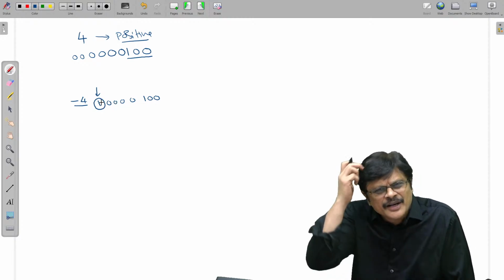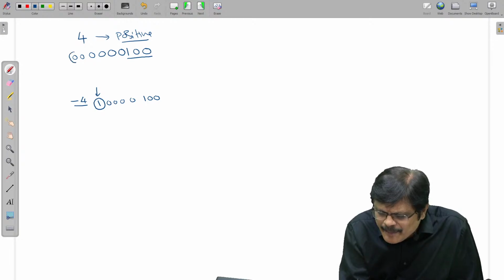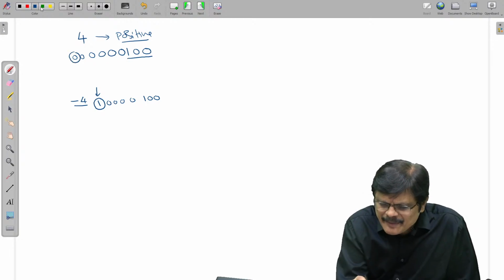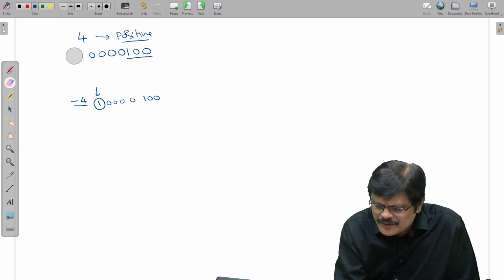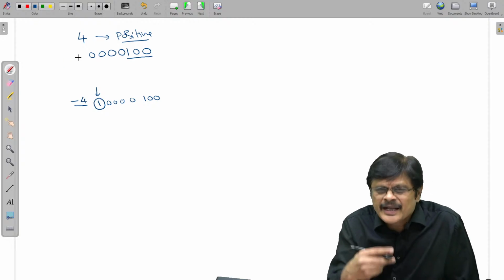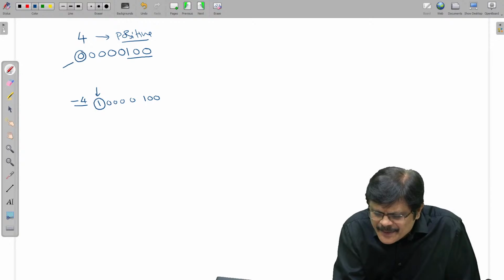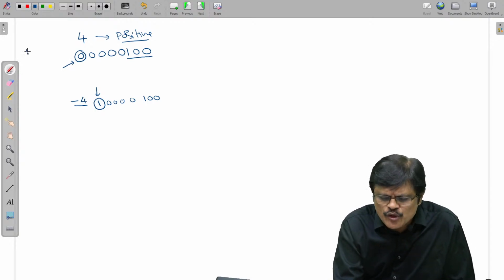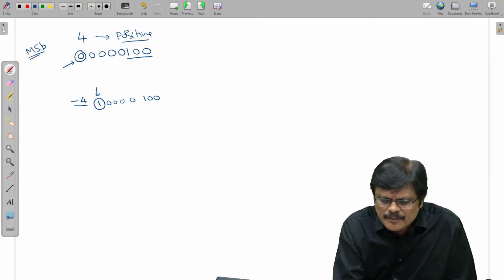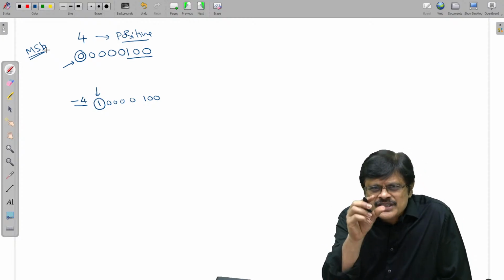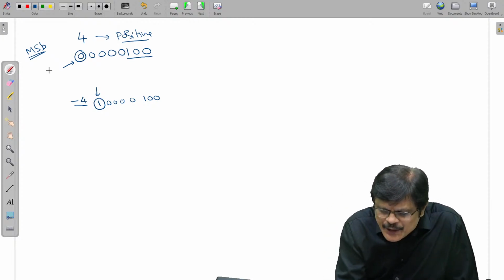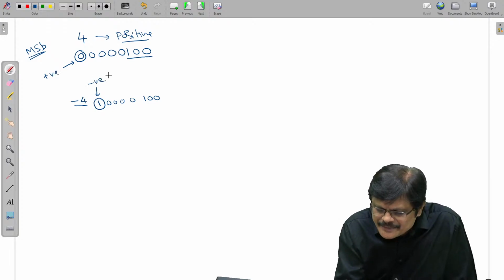This is how it is represented. The leading bit, which we call MSB, the most significant bit, if it is 0 means it is positive. If it is 1 means it is negative.